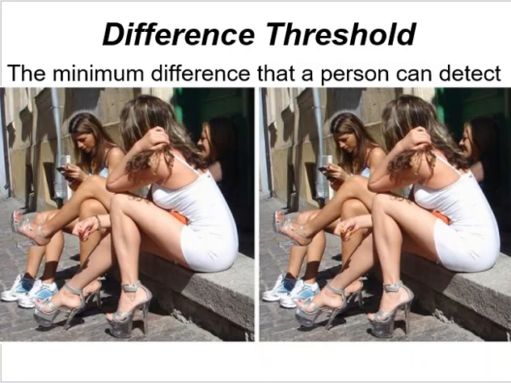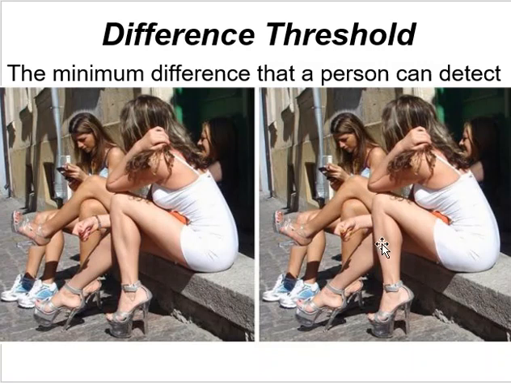All right, so some people may not have noticed that these were different at first. Some people noticed right away. So if we were trying to find the difference threshold, it would be the minimum amount of differences between these 2 pictures that it would take you to notice that these were different. For example, some people would notice the tiniest difference, like the bracelet not being on this girl's wrist.